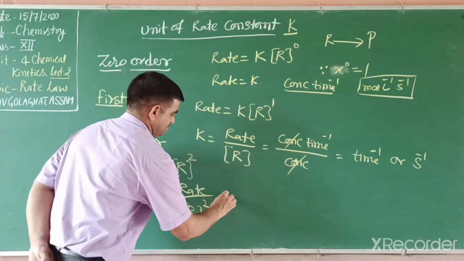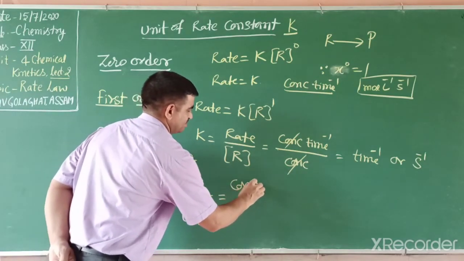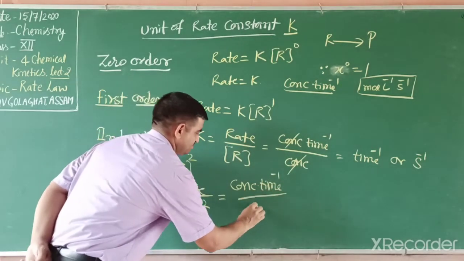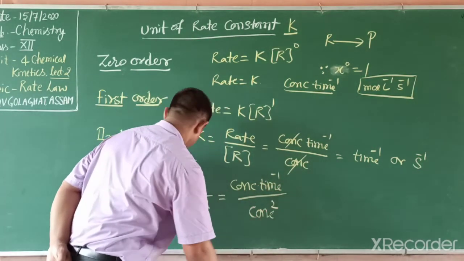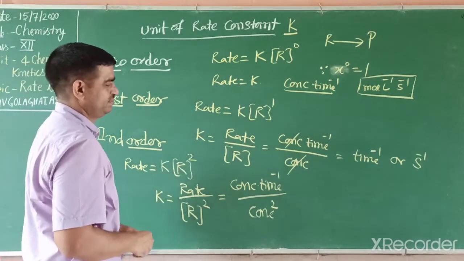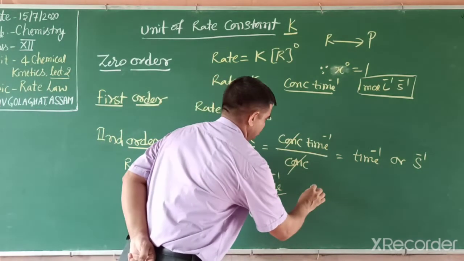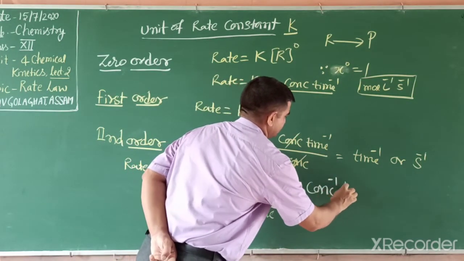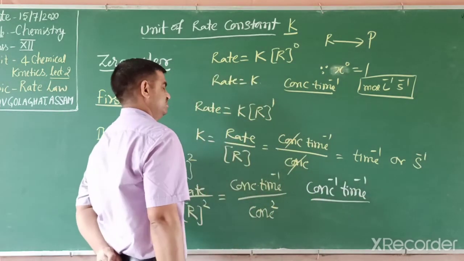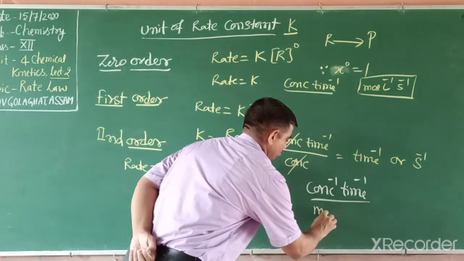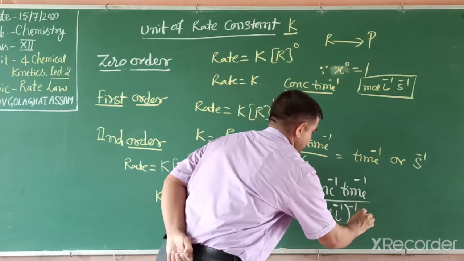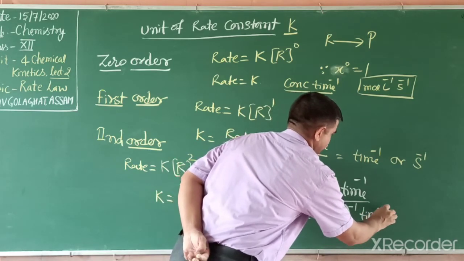So we write the unit, rate means concentration time inverse divided by concentration squared. If we solve this, then what will we get? Concentration inverse time inverse. Or we can write concentration as mole per liter, and this also inverse, and time inverse.